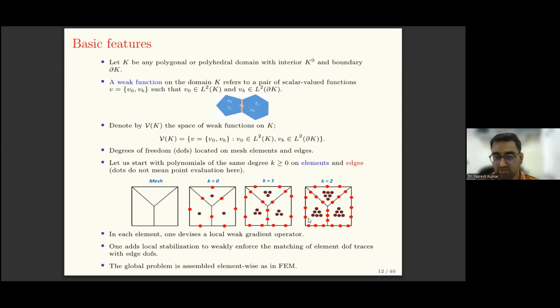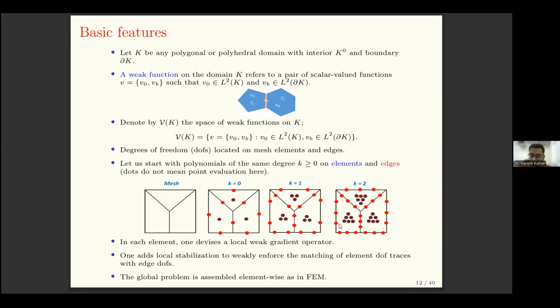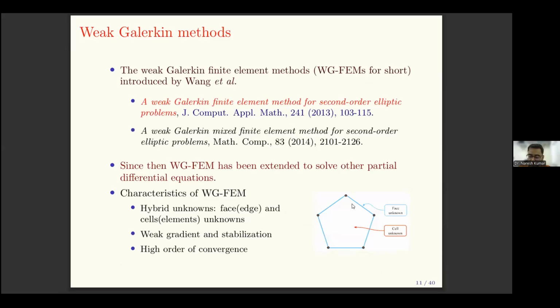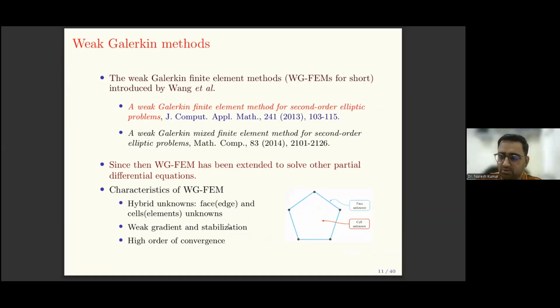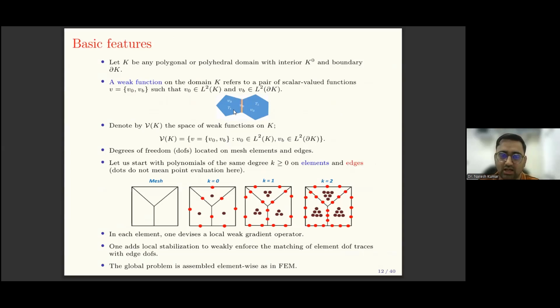Basically, suppose K is any polygonal or polyhedral domain. As I already discussed, if this is a mesh, then in the WG method we use hybrid unknowns: one for the interior and one for the boundary. Suppose K is a polygonal domain, then we split the function v into two parts, v0 and vb. We call it a weak function.